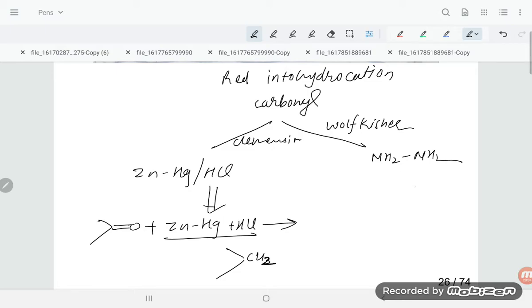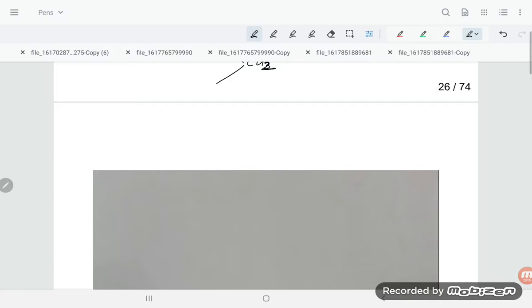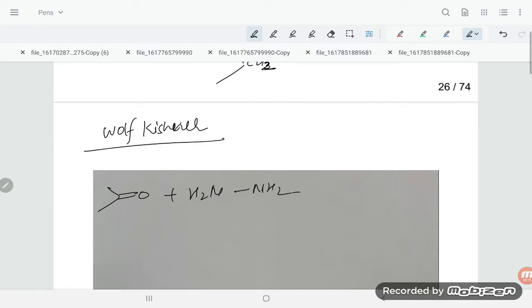Now if you are talking about the Wolff-Kishner, how does the Wolff-Kishner take place? Wolff-Kishner reduction, students, suppose there is a carbonyl compound, you are treating with NH2 NH2. So water is getting out. So what will be there, student? C double bond N NH2 is there, right?